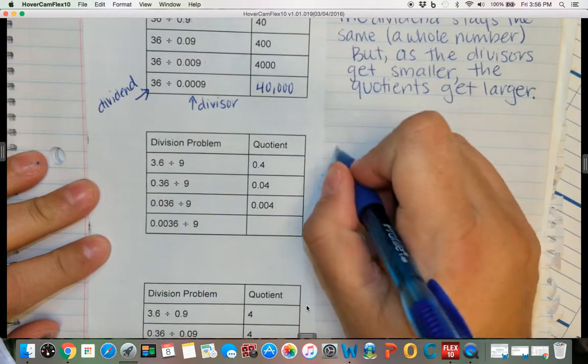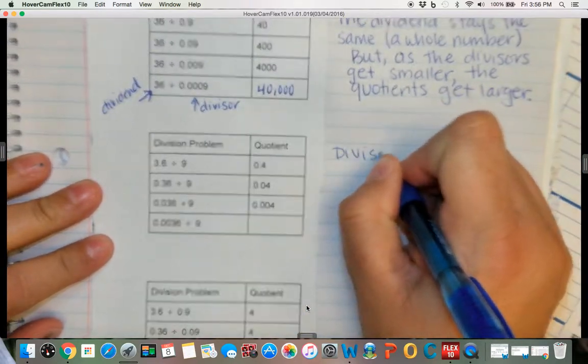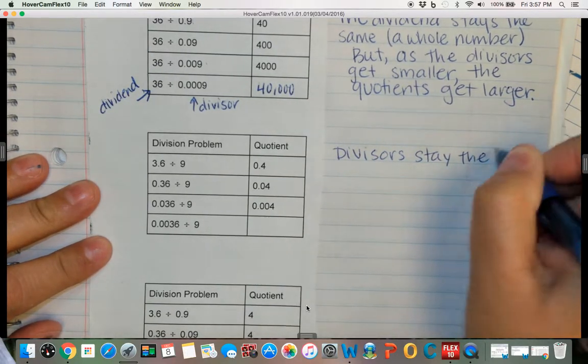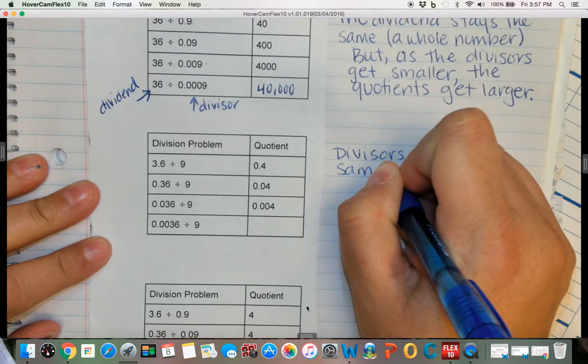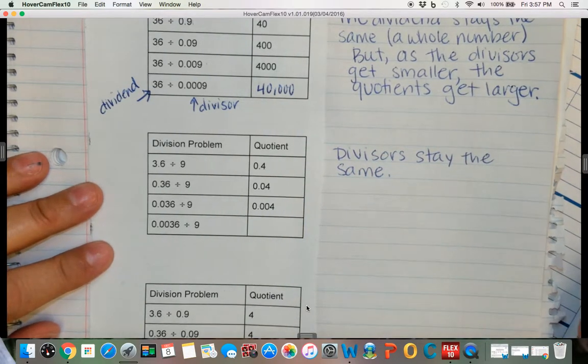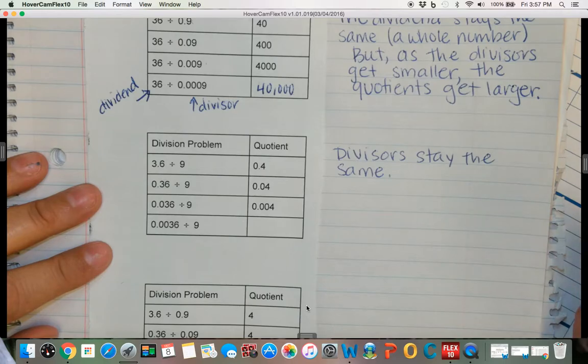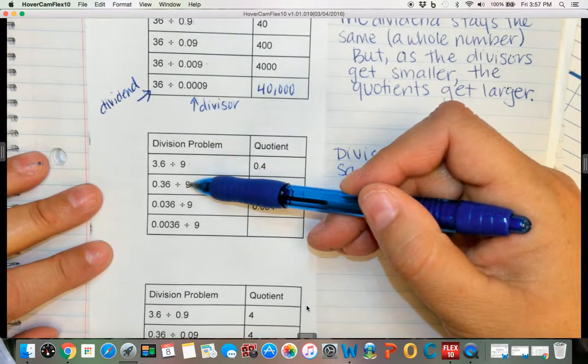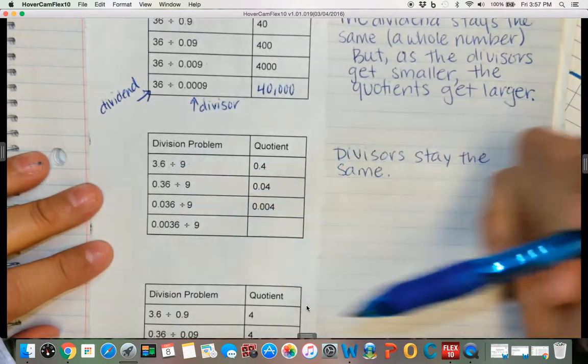So right here I'm going to write divisors stay the same. What is happening here with our dividends?